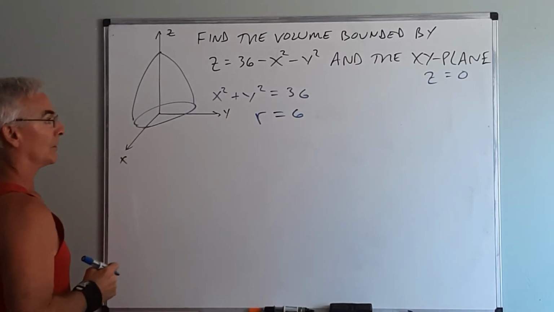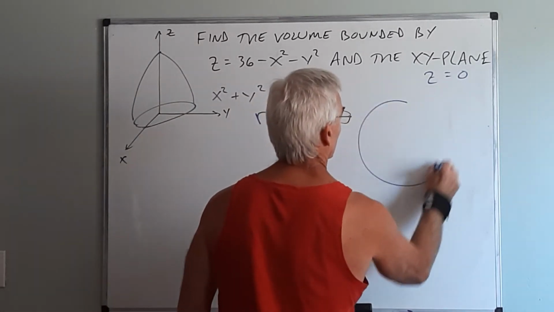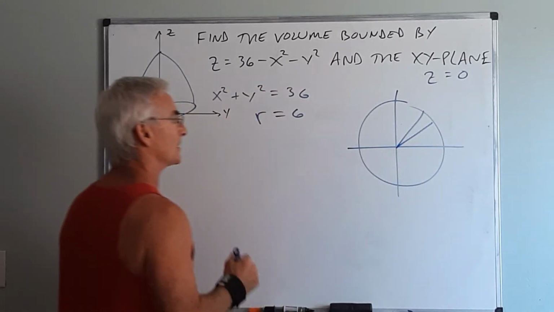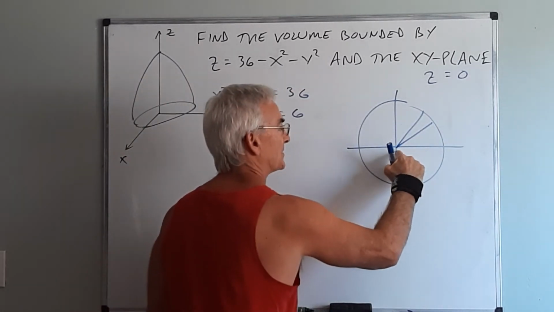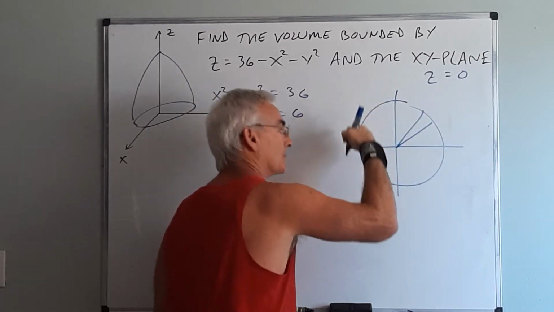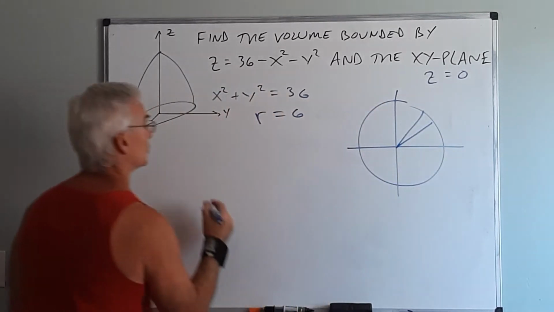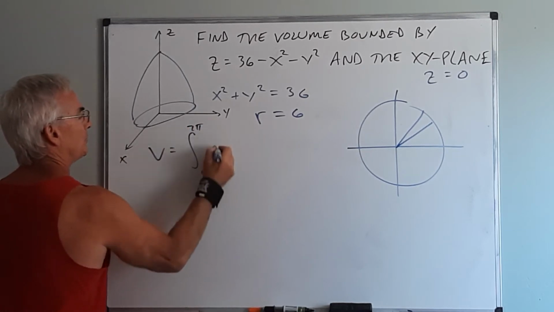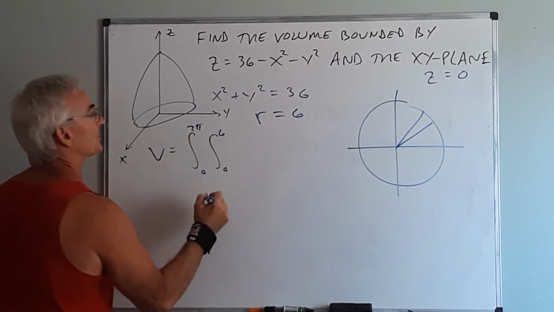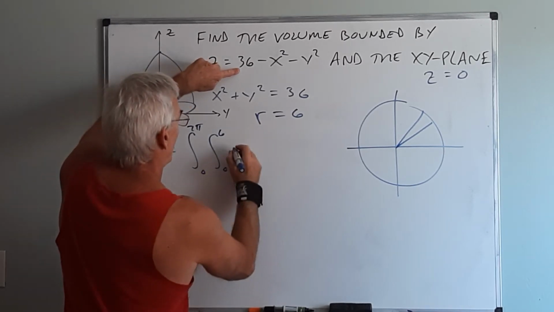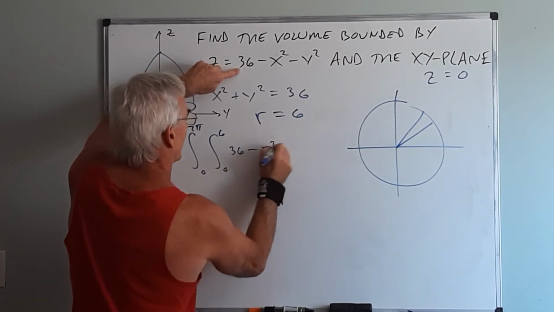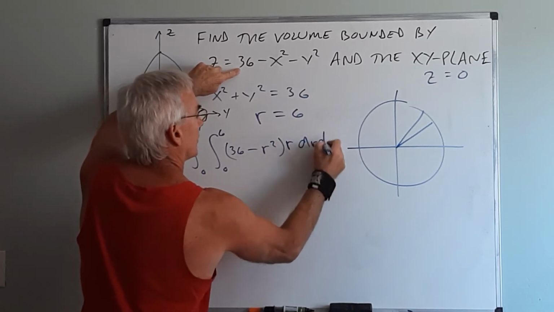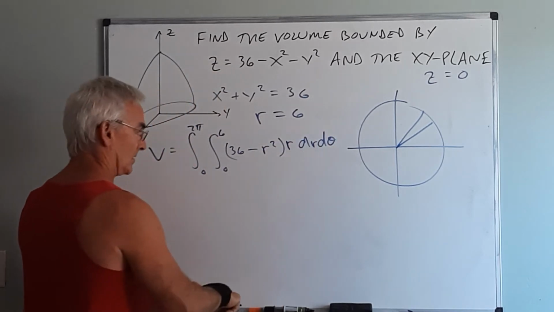So in polar, I am looking at a circle just like before, and when I do this, my r is going to go from 0 to 6, and this time my theta is going to go from 0 to 2 pi. So our volume will simply be 0 to 2 pi, 0 to 6. In polar, this would be 36 minus r squared, and then I'm integrating that r dr d theta.